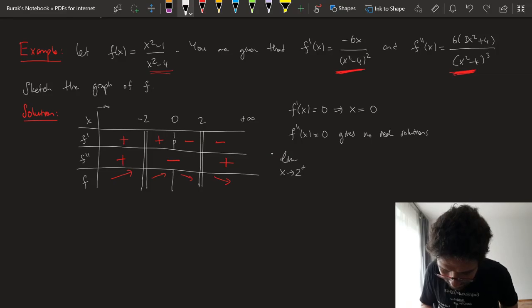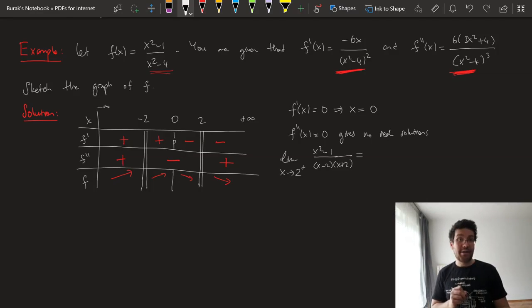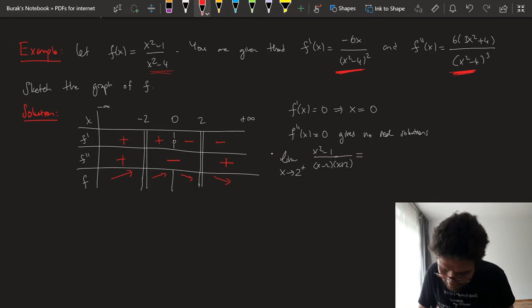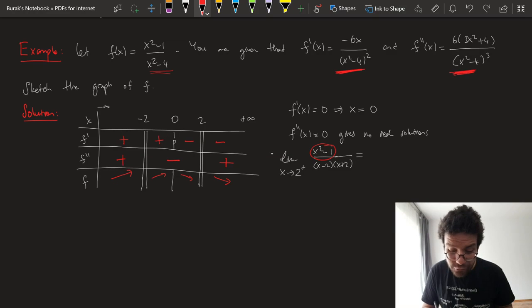Let me check the limit of this function at 2 from right. When x approaches 2 from right, this top part will be approaching 3.